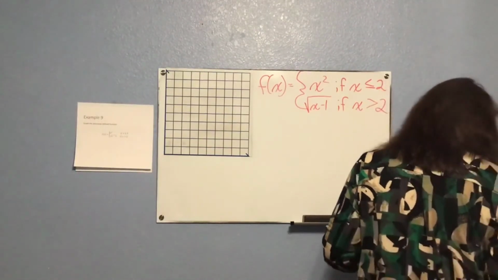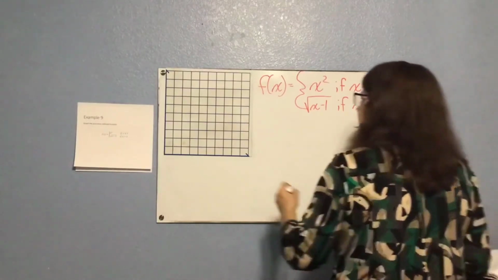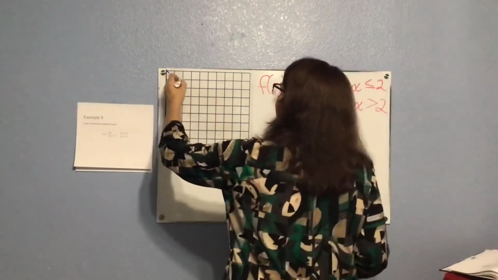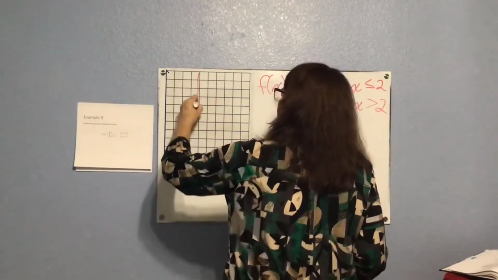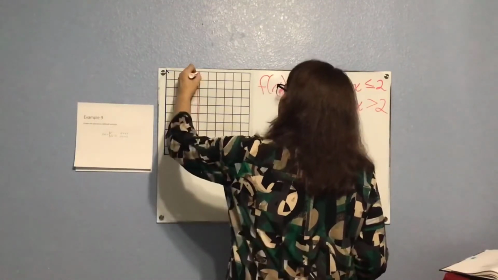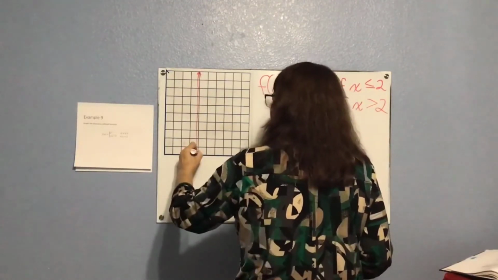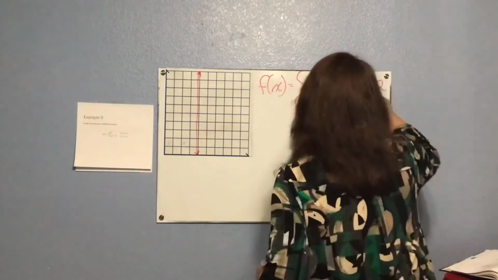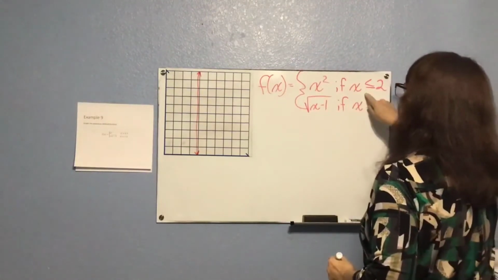Okay, and I'm going to move the y-axis over a little bit so we can see a little more of the function for x less than or equal to 2.